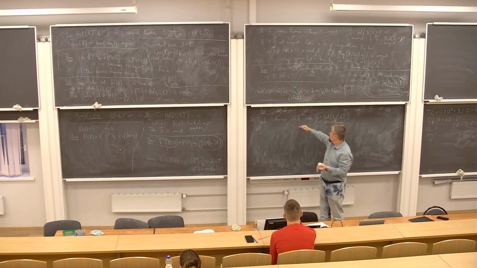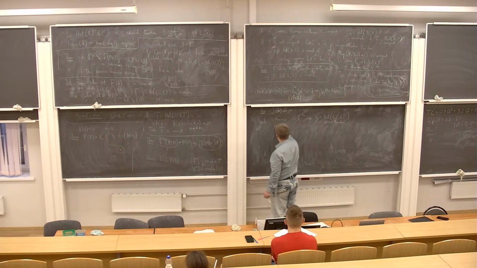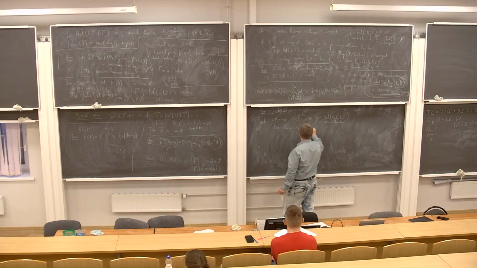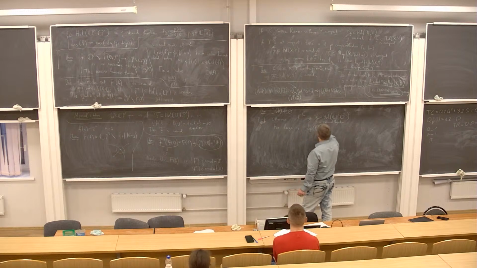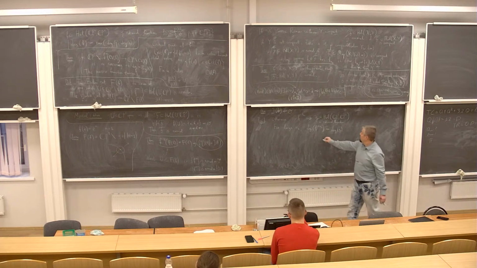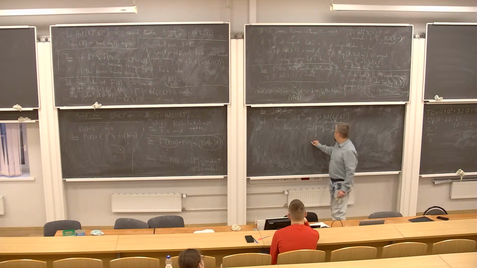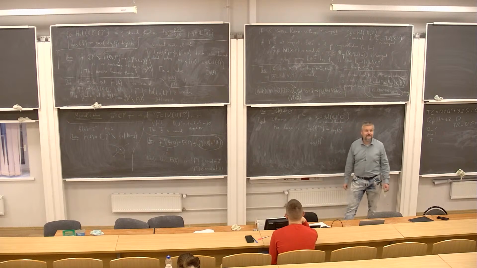So since this sequence of maps converges, eventually they will have the same degree. So for large nk, the degree of the iterate will be equal to the degree of G. But on the other hand, the degree of this is the degree of f to this power.